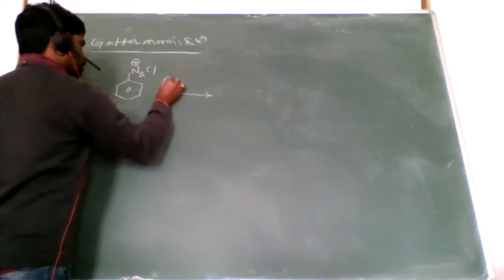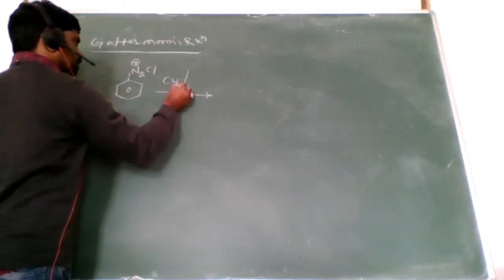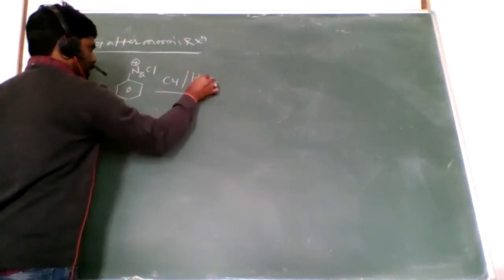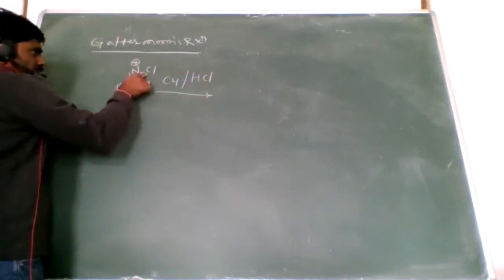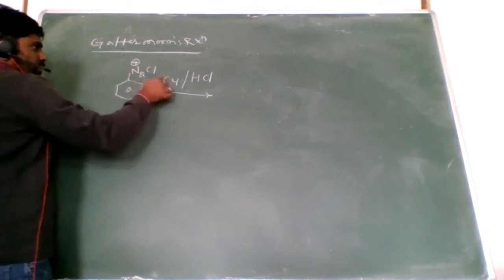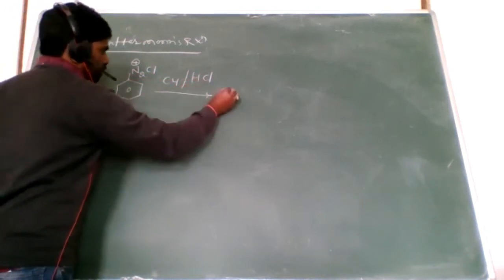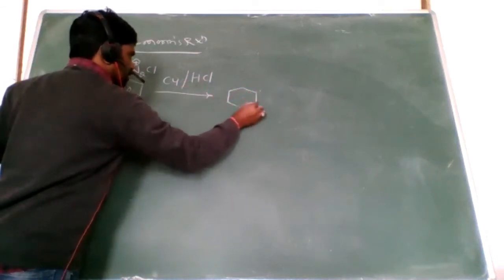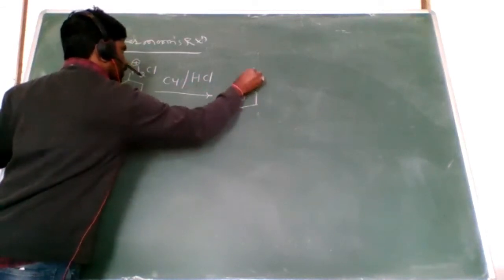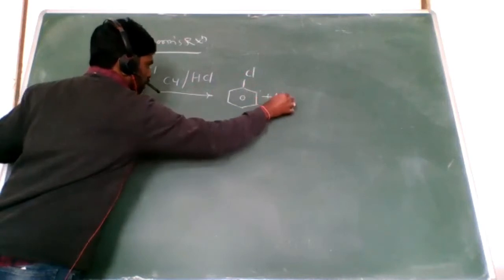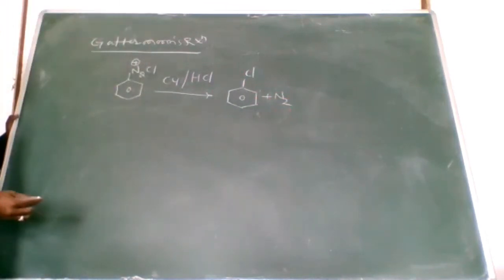In the presence of copper powder, it reacts with the corresponding halo acid. Chlorine is there, so the corresponding halo acid is HCl. That forms chlorobenzene, and we evolve nitrogen gas.